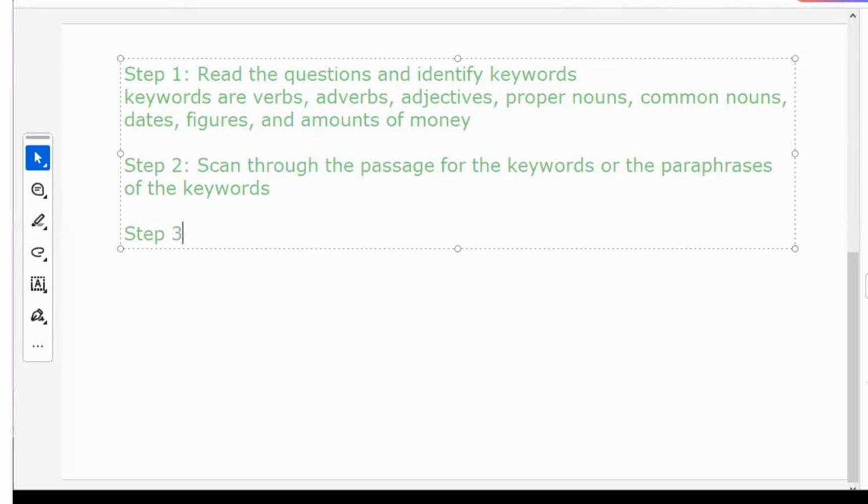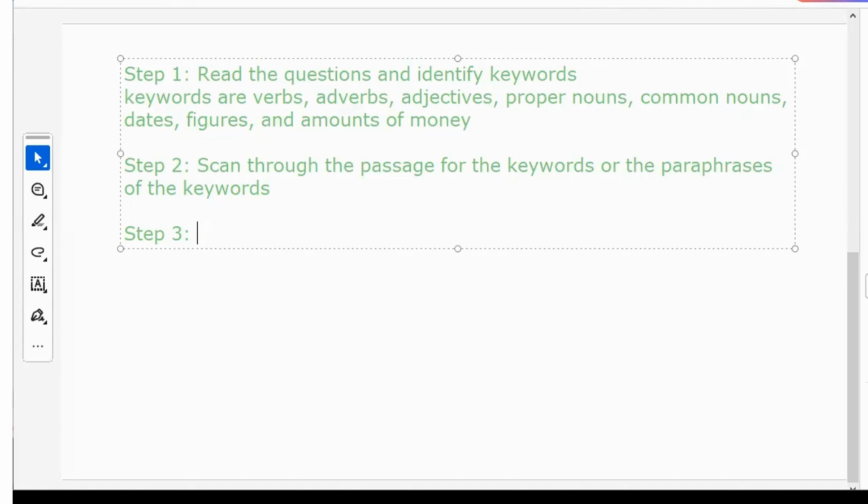Okay, step three. What is step three? Step three is to focus on the part of the passage that contains the keyword.